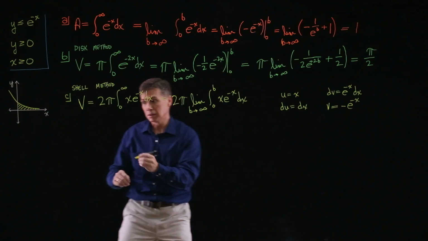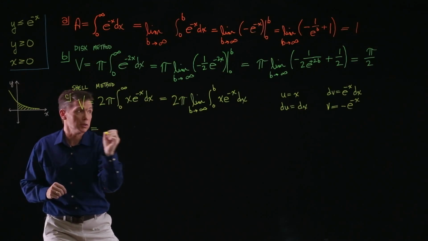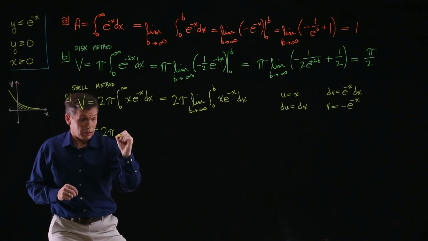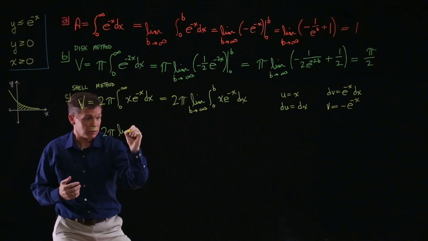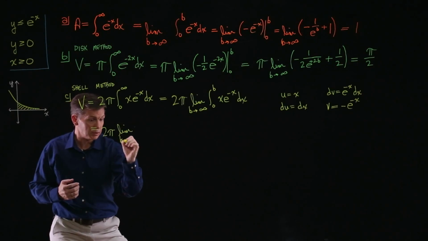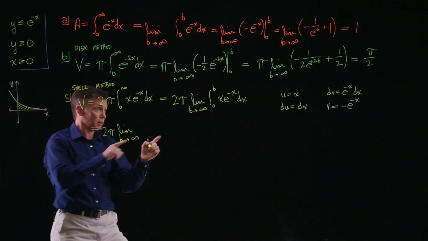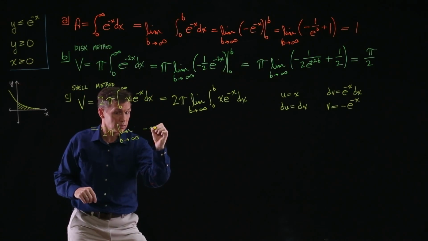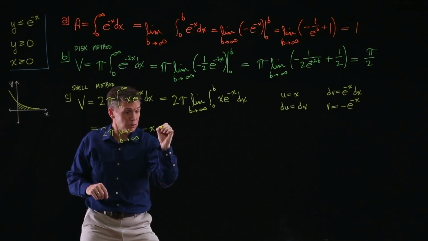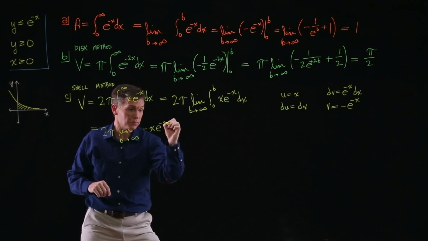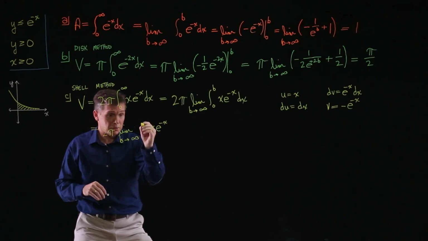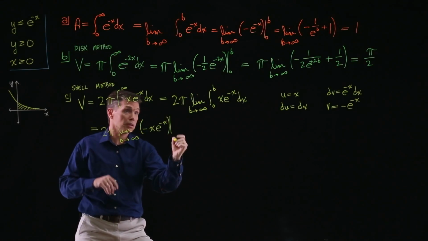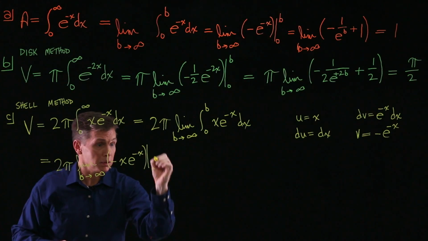I'll slide over here, try to continue the equals, and I still have my 2 pi out in front. I still have this overall thing inside of a limit as b goes to infinity. And now let's do our u and v, which is minus x e to the minus x. And the catch here is that's evaluated from those limits of integration, 0 to b.